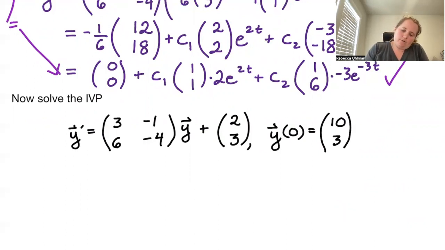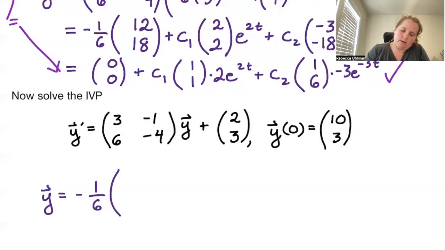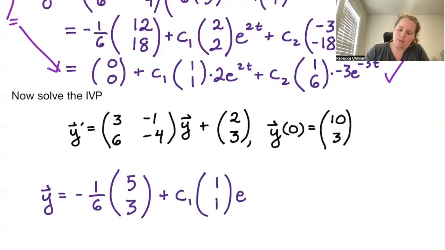So we know y should be equal to negative 1/6 times the vector 5, 3 plus c1 times the vector 1, 1 times e to the 2t plus c2 times the vector 1, 6 times e to the negative 3t.